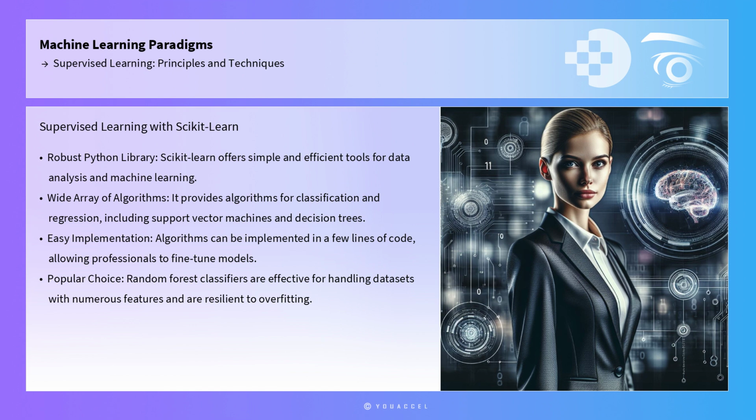These algorithms can be easily implemented in a few lines of code, allowing professionals to focus on fine-tuning models to suit specific needs. For instance, random forest classifiers are highly effective for handling datasets with numerous features and are resilient to overfitting, making them a popular choice in scenarios like medical diagnosis and fraud detection.